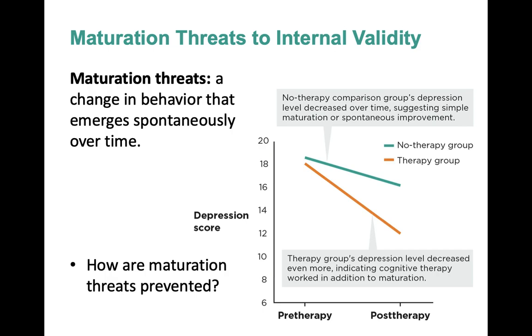So a comparison group helps us determine just how much of a maturation effect there is, because that's what we see in the no therapy group, and then whether the therapy in this case has an added effect, an added benefit above merely just improvement over time.